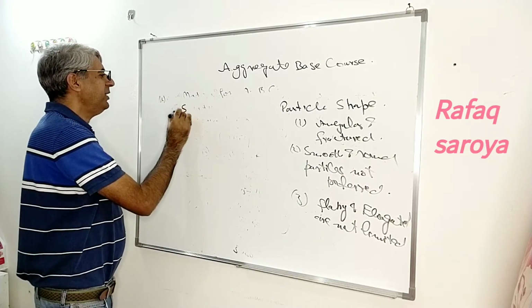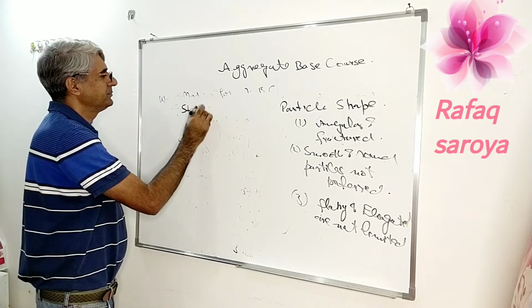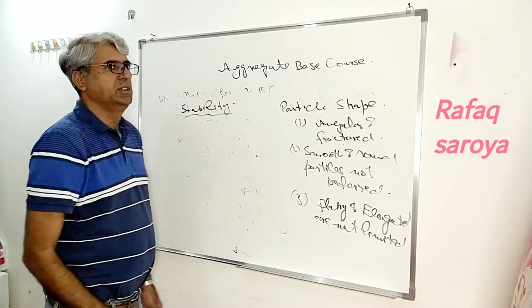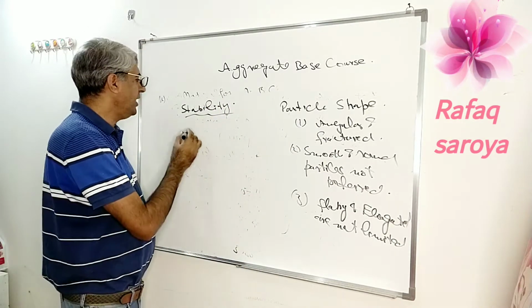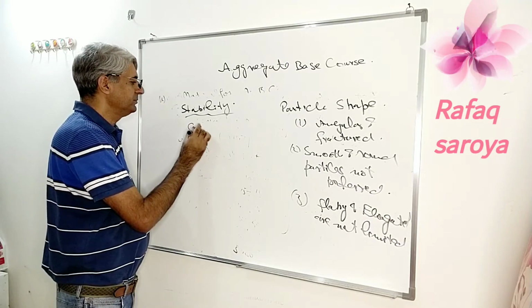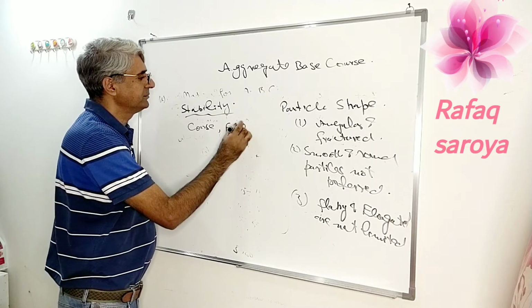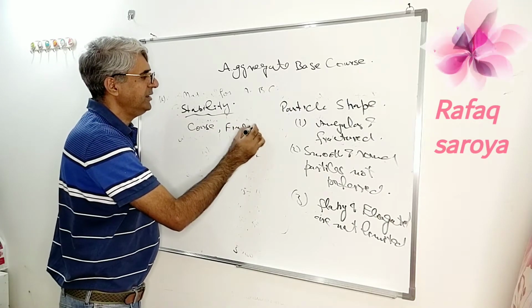Now the question is, what is stability? As I have explained to you, the material is a combination of coarse, fine, and then silt.